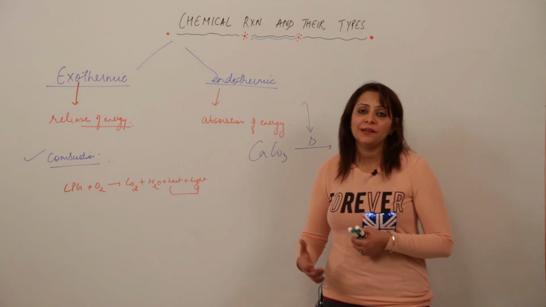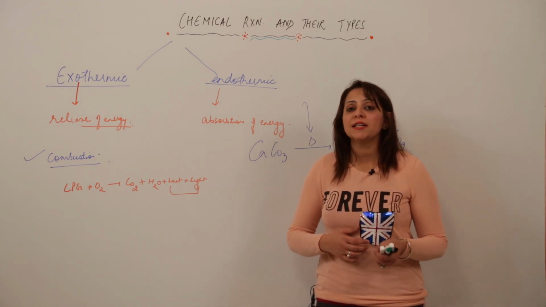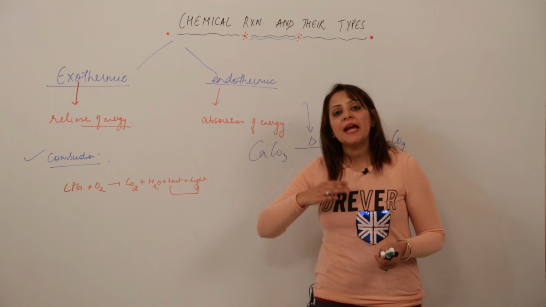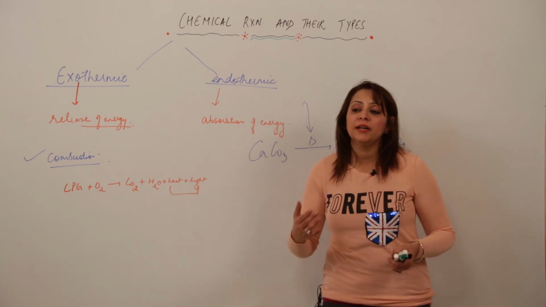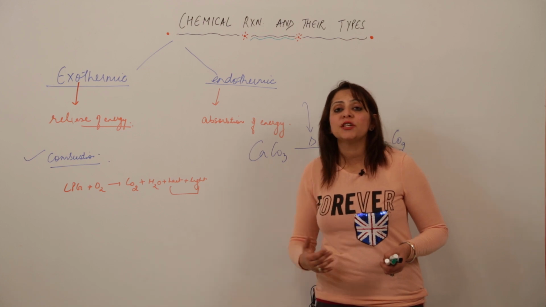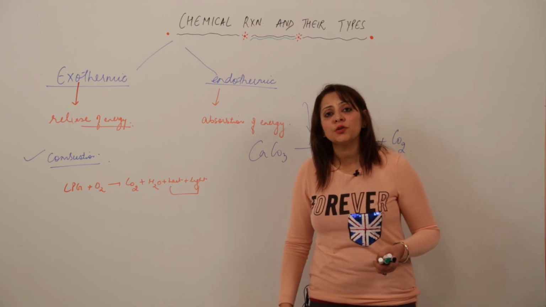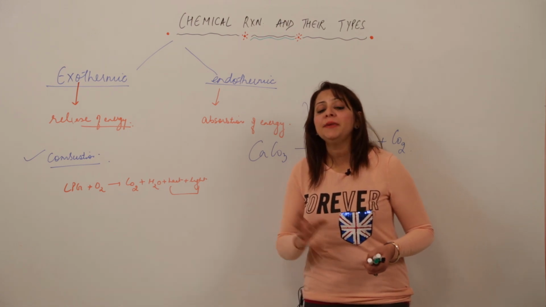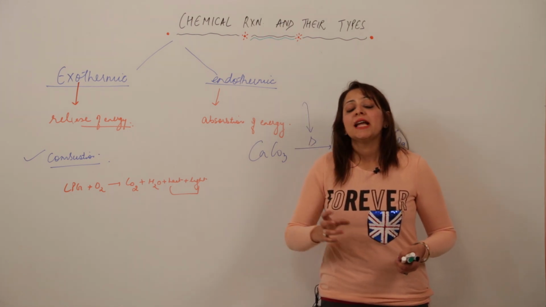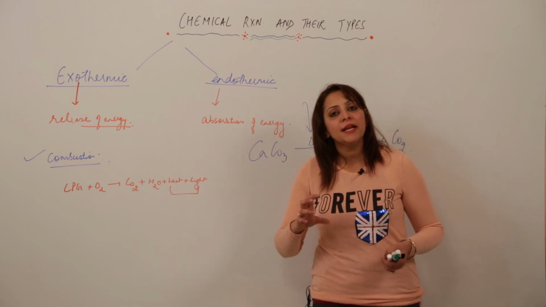So we have different categories on the basis of energy changes, that is the exothermic reactions, the endothermic reactions, the photochemical reactions, and the reactions which are based on the electric current, that is the electrolytic reactions. So these all fall under the categories of energy changes.